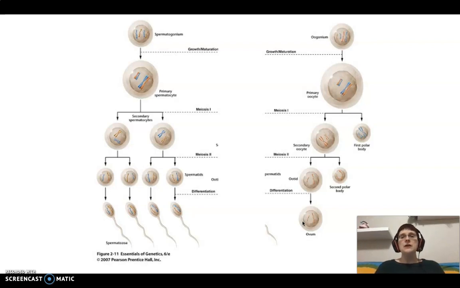So very different as far as the end product. The cells are still going to be the same as far as they are genetically different from each other. They're genetically different from the parent cell. They're haploid, but you end up with 4 for the sperm and just 1 for the egg.